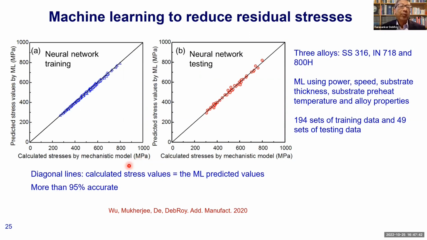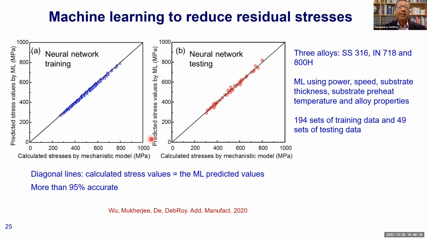The problem with an Abaqus model of residual stress is that it takes a long time to do these calculations. Whereas if we can take the data from the Abaqus model and make a neural network, we can get maximum values of the tensile longitudinal stress, which is very often a big problem in additive manufacturing.